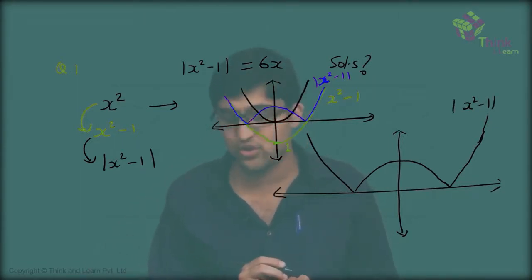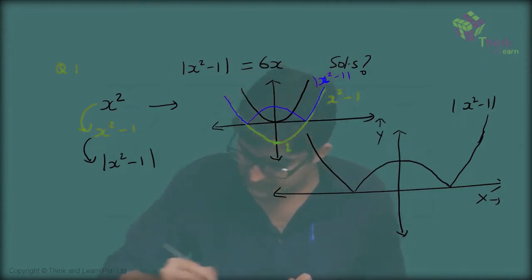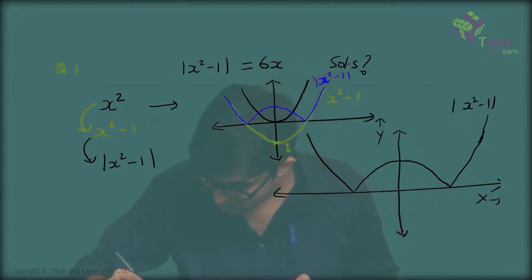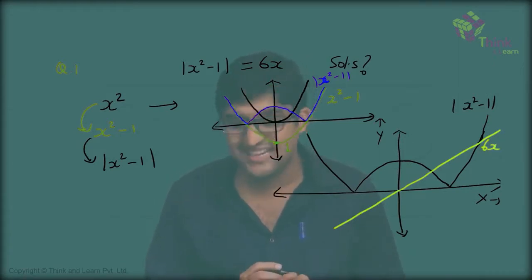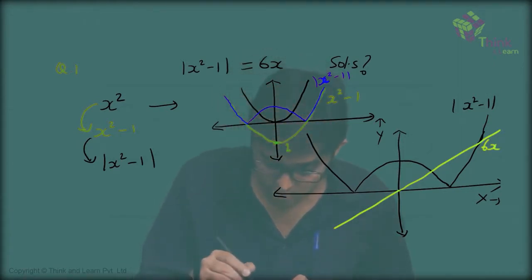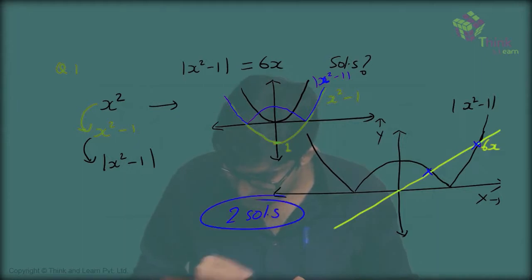What about y is equal to 6x? The graph of y is equal to 6x will be like this. So how many points are there where they intersect? There are 2 points, or in other words, there are 2 solutions to the question.